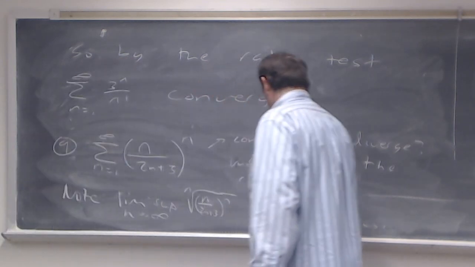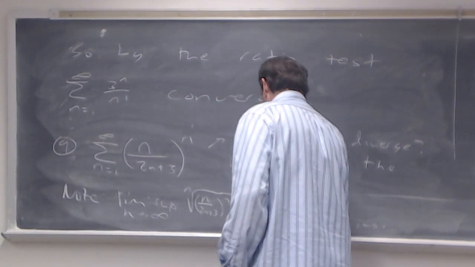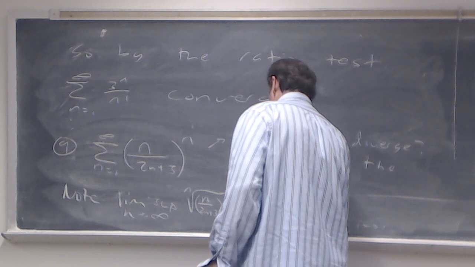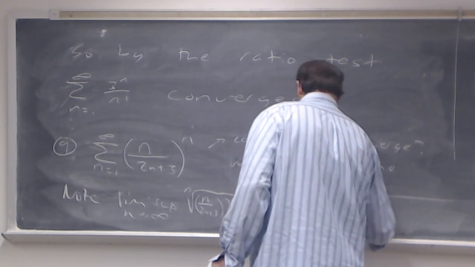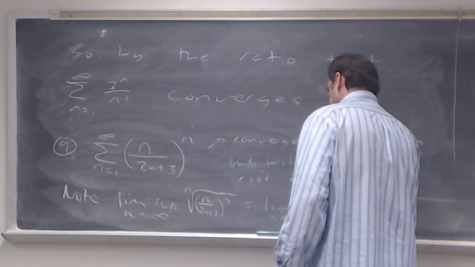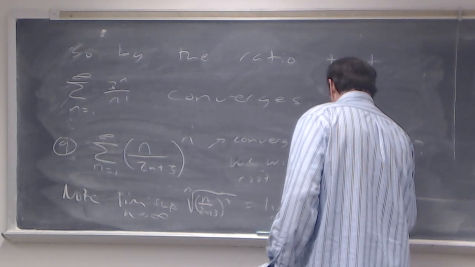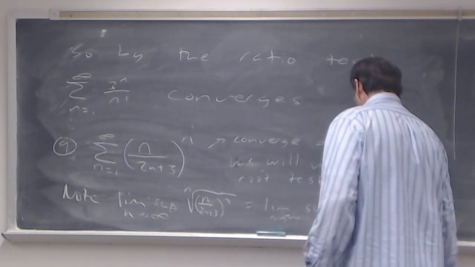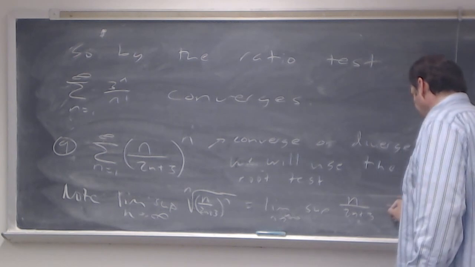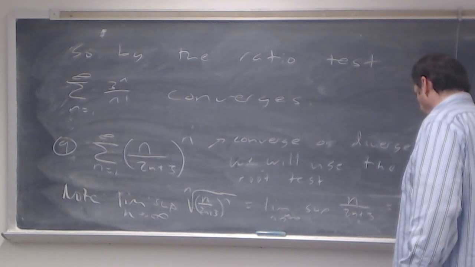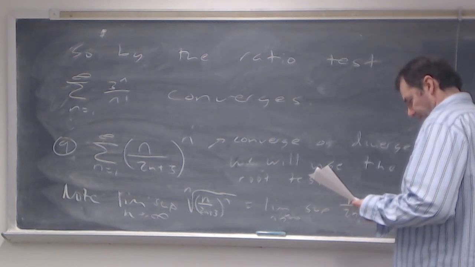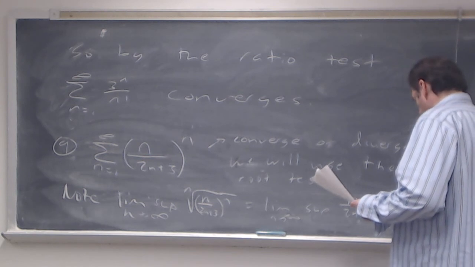Well, the nth root and nth power will cancel each other, so we're talking about the lim sup of n over 2n plus 3. Well, that's going to be equal to 1/2. Okay.